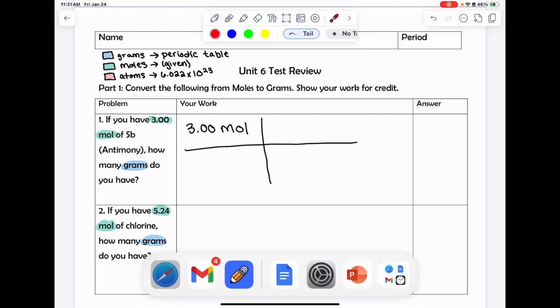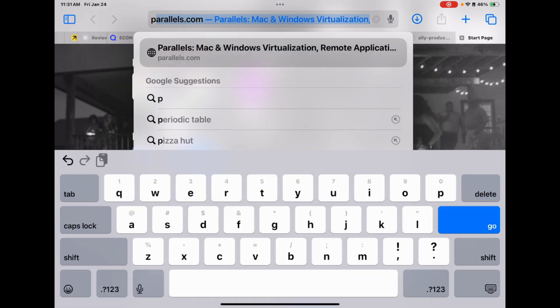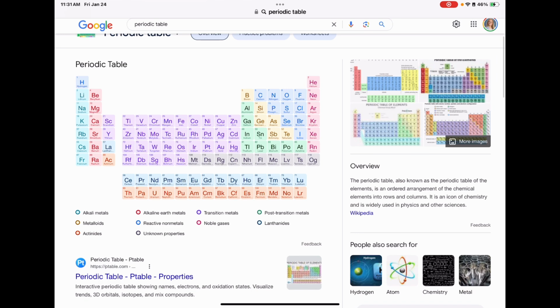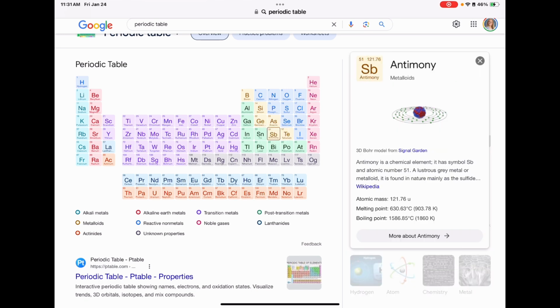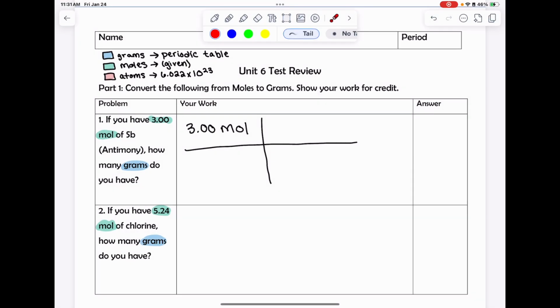So let's go ahead and pull up the periodic table here. That first element was Sb, antimony. Antimony has a weight of 121.76 grams per mole.